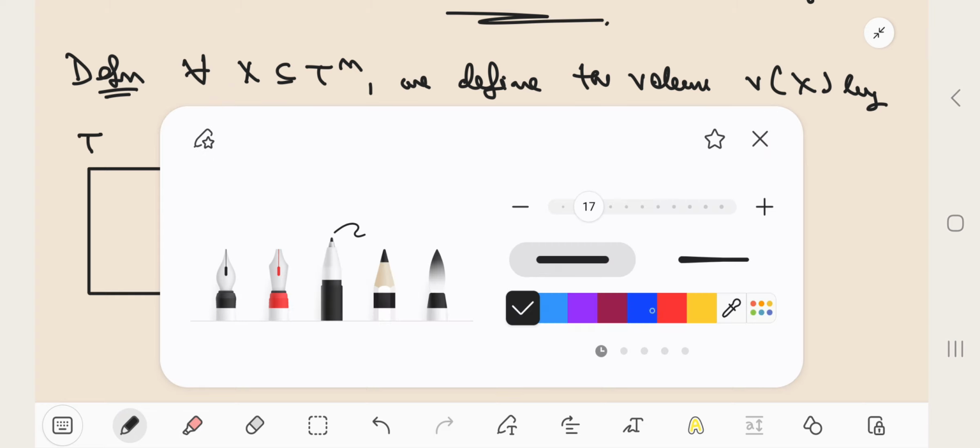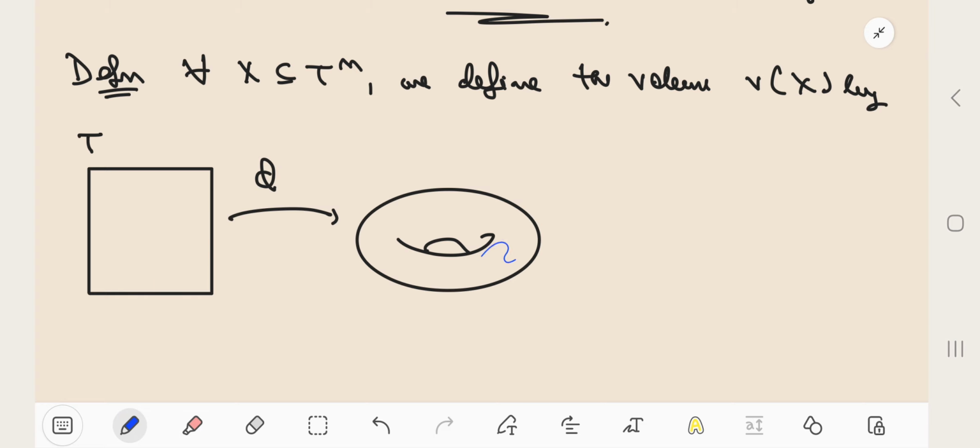Now what I try to do is that I choose some sort of a region, say here, but I know nothing about how to define a volume in this case. I don't know how to integrate over this torus, but I know the concepts of integration over the Euclidean space, and the fundamental domain primarily lies inside the Euclidean space.